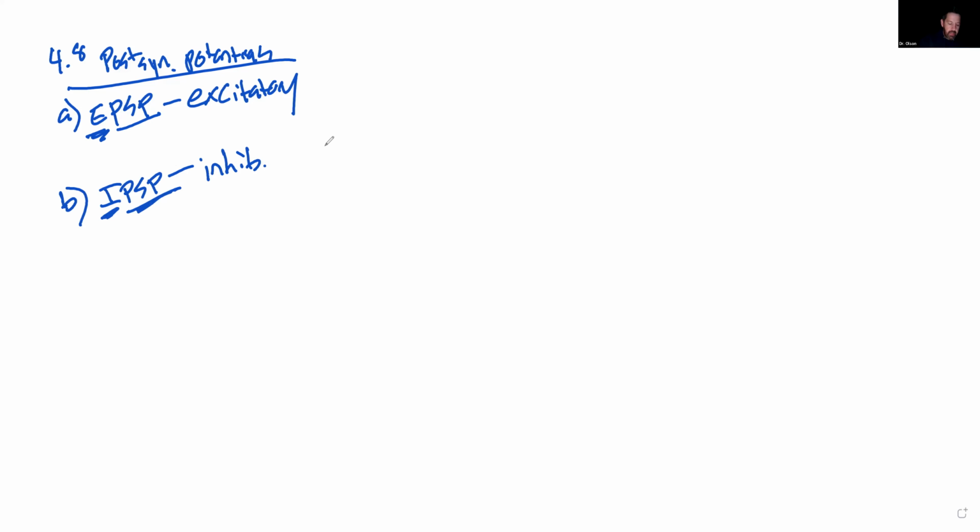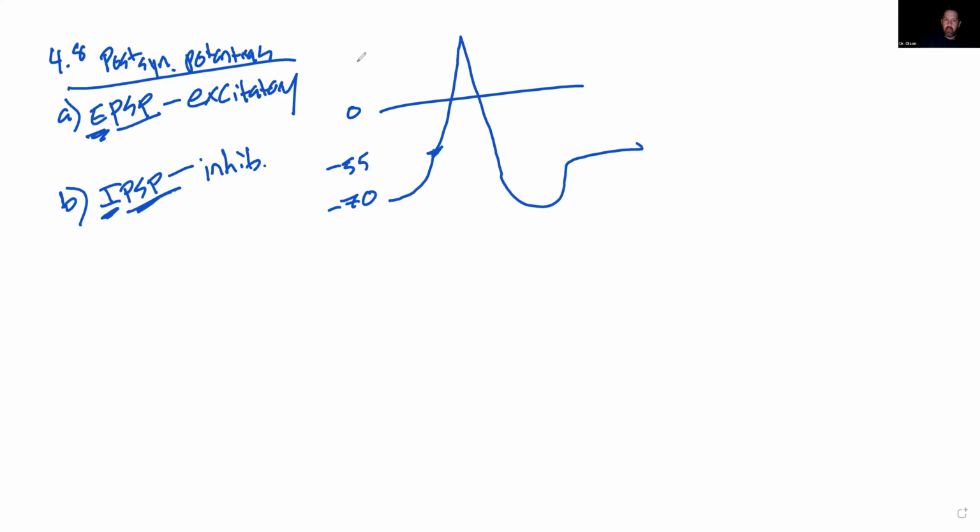So for an excitatory postsynaptic potential, remember we have 0 millivolts, negative 55, negative 70. So you have the resting membrane potential, the threshold, and then we have the action potential, then positive 30, and so this is our depolarization, this is our repolarization, right?